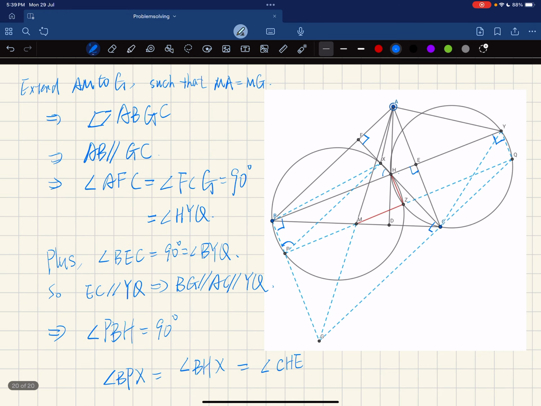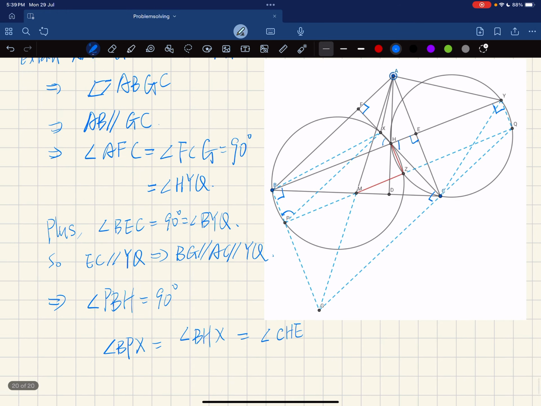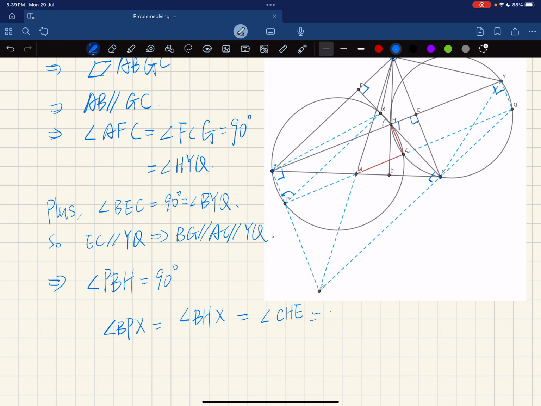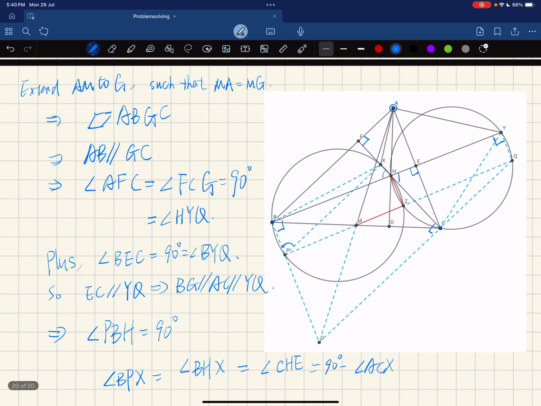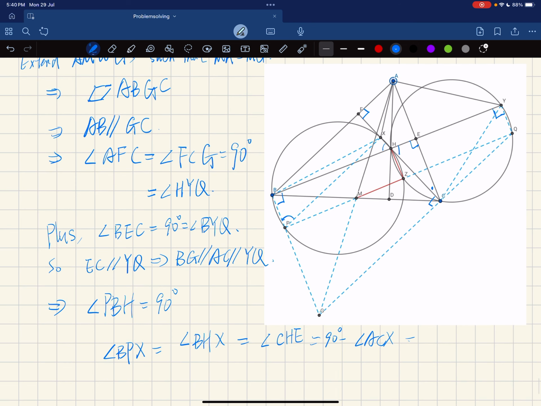It is obvious. Equals 90 degrees minus the angle ACX. Here, ACX is here. That's obvious. And equals 90 degrees minus angle ABY.